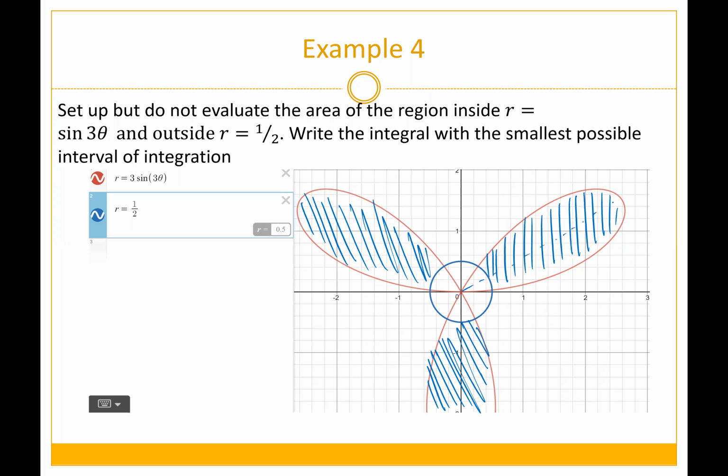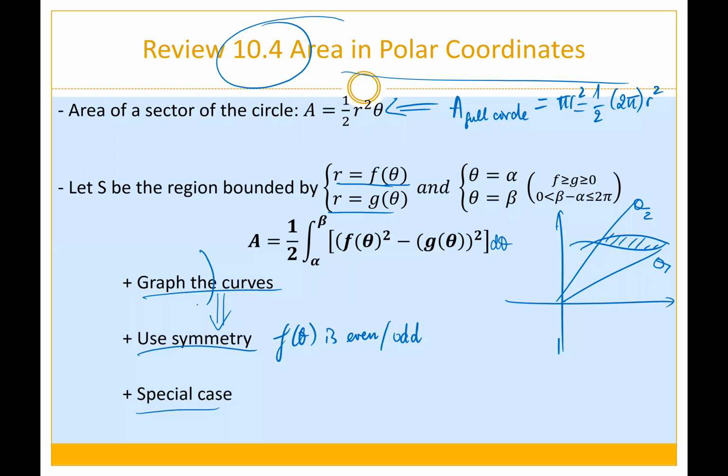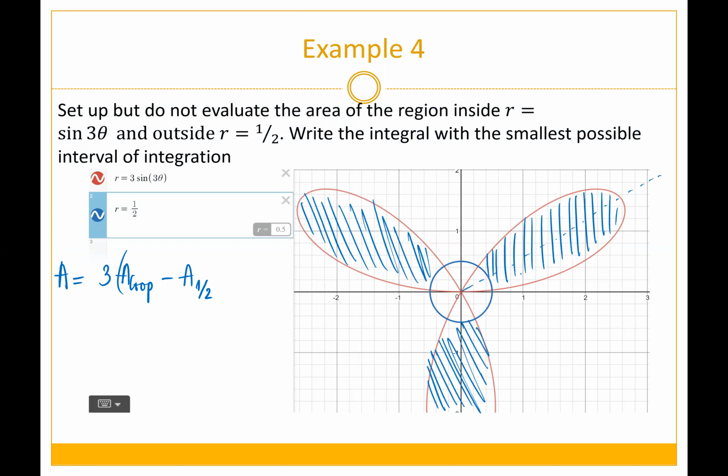Now, we're looking for each of them. So the area that we need to find is 3 times the area of one loop, minus the area of the half. So it's kind of like the area of this curve minus the area of the radius inside.